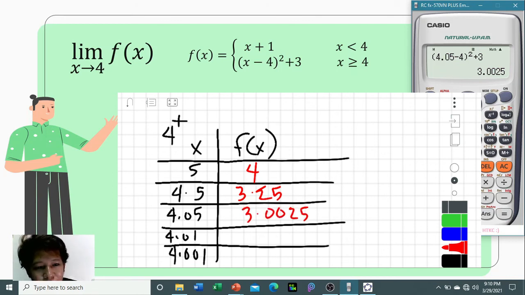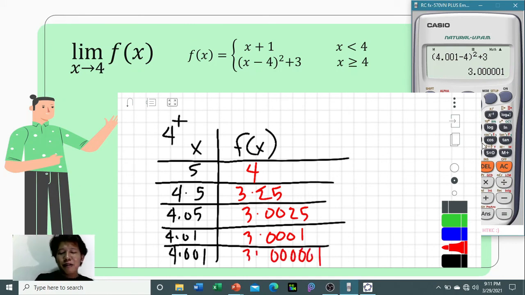And then, if the value of x is 4.01, then we have 3.0001. So, nakikita nyo na po kung saan siya nag-a-approach. And if we have 4.001, then that would be 3.000001. Okay? So, from the right of 4, nag-a-approach po siya sa 3 kung mapapansin po natin.